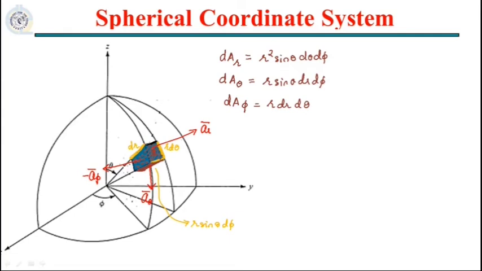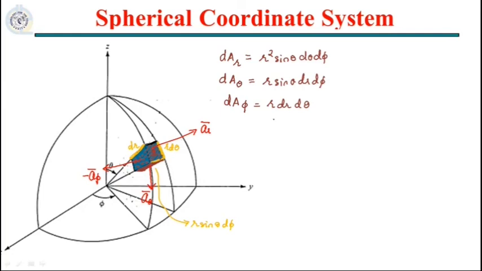Similarly, if you consider the bottom face where the radius is constant, parallel to this face, then that face would have a unit vector which is minus a_r bar.